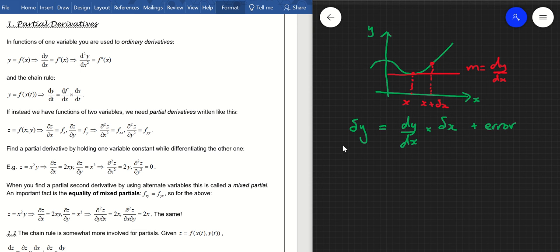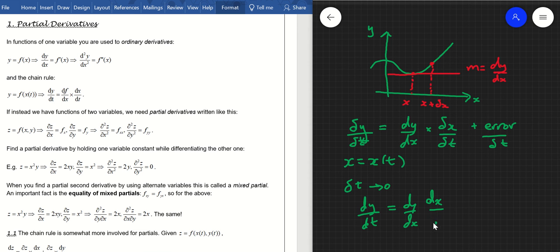And what we can do is, if we say that x is itself a function of t, so like a parametric equation, we can divide both sides by a change in t, and as we make that tend to 0, these gradients turn into derivatives. dy by dt is dy by dx, dx by dt, and also the error would disappear as well.